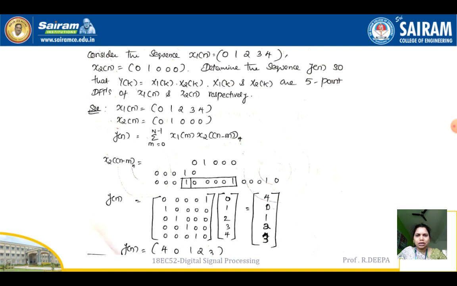Again the second row is taking the last sample to the front. Again third row is last two samples to the front. Like that you have to do. Then do the matrix multiplication and you will be getting the circular convoluted output as 4, 0, 1, 2, 3. So this is the circular convoluted output between x1 of n and x2 of n. I hope it is very clear, right?